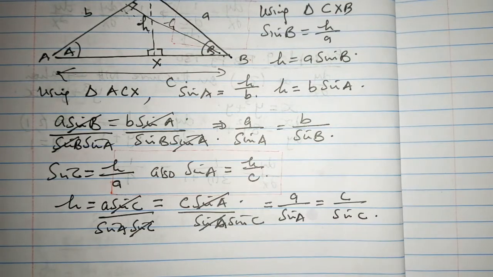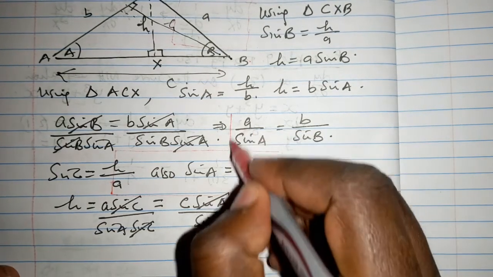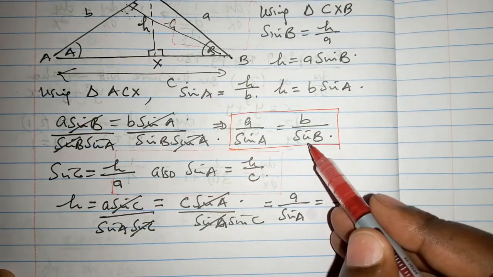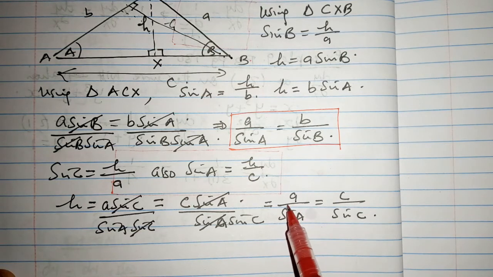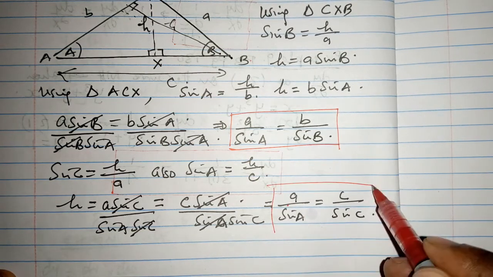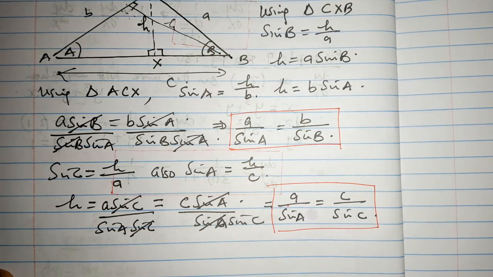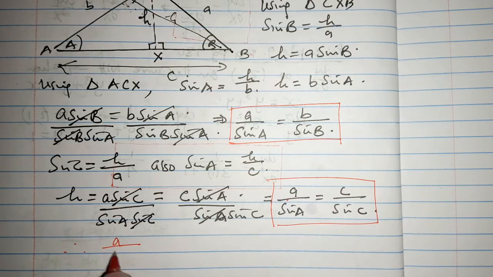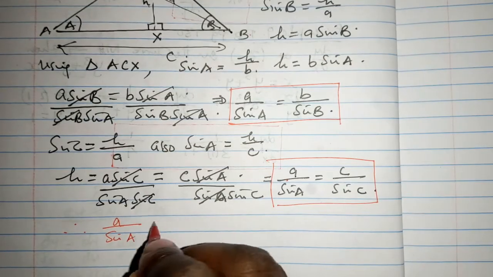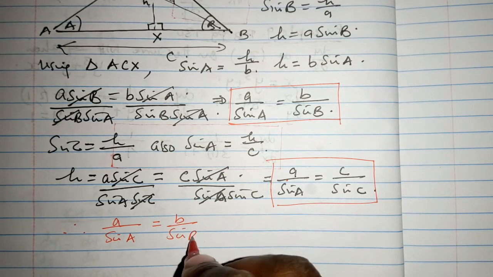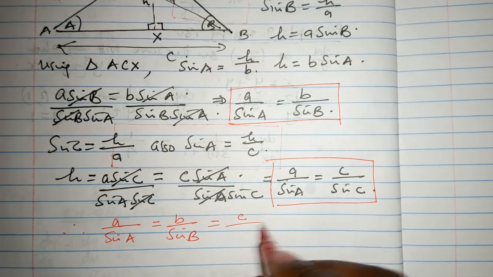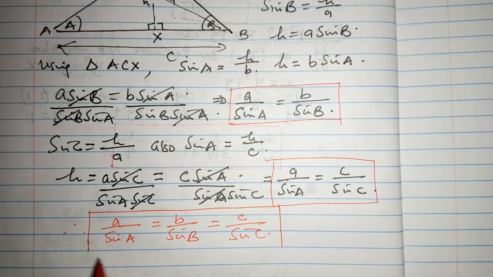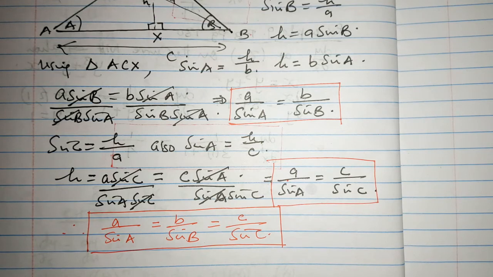So if you now have this a over sine A, which is equal to b over sine B, and a over sine A, which is also equal to c over sine C, we can now put all of them together and have, therefore, a over sine A equals b over sine B equals c over sine C. And this is what we are now having as the sine rule.